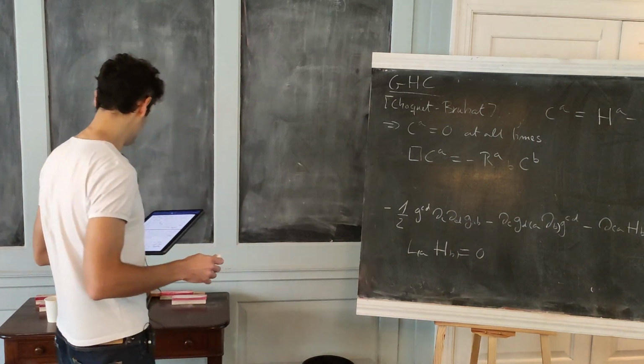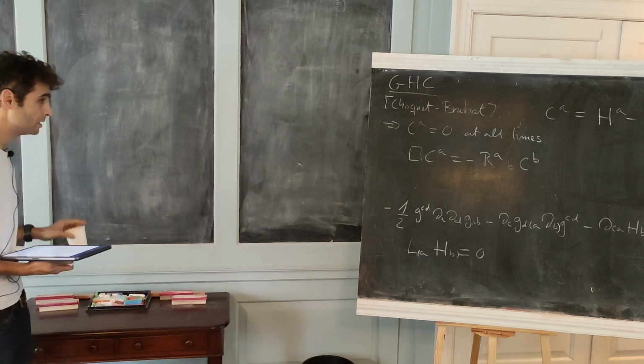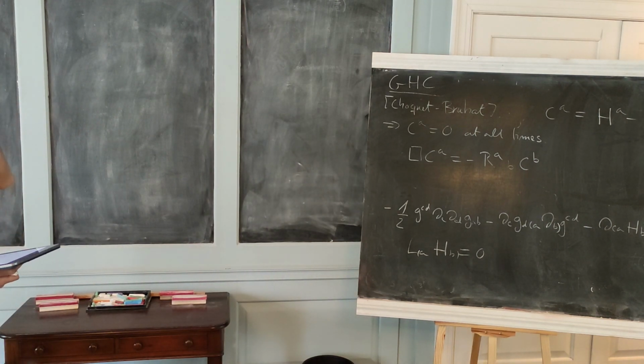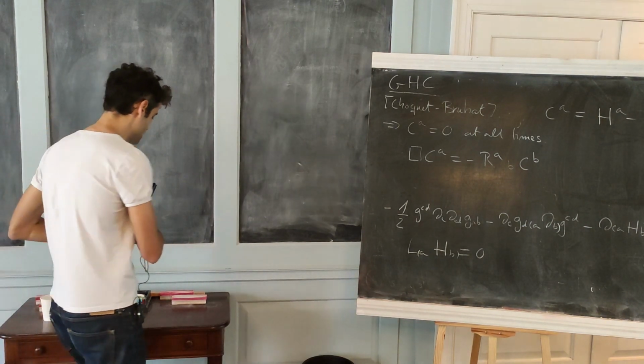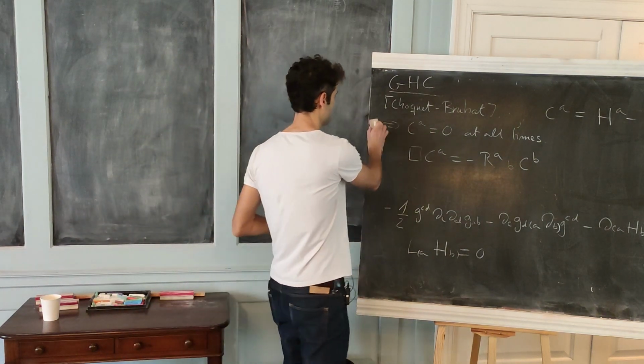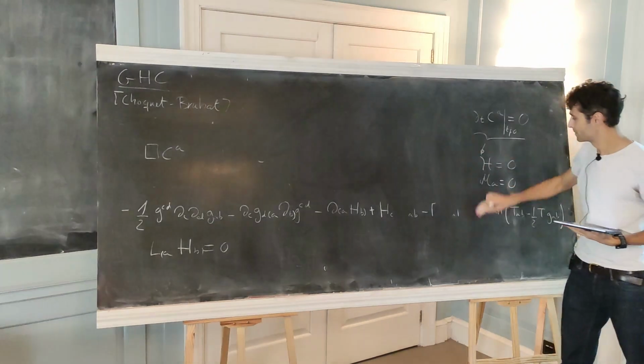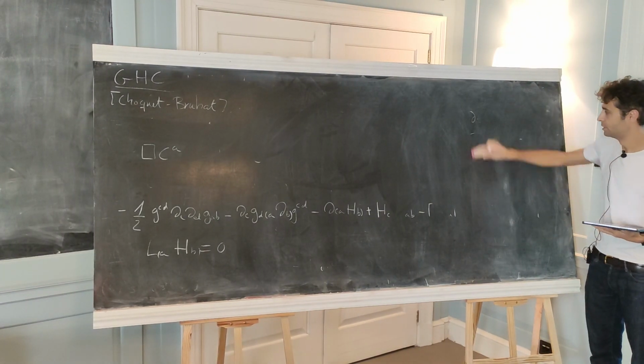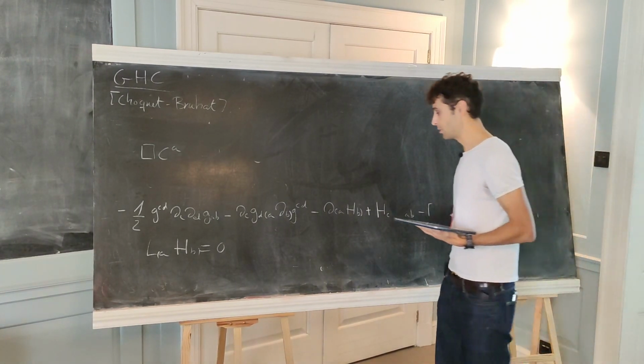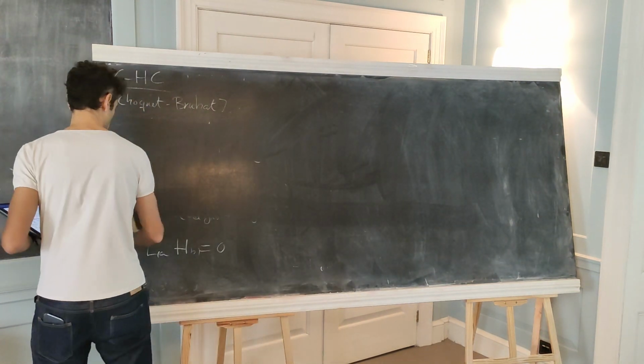Okay, so to finish this part, I'll just state a theorem that tells us that the initial value problem in general relativity is well posed in a more precise way.